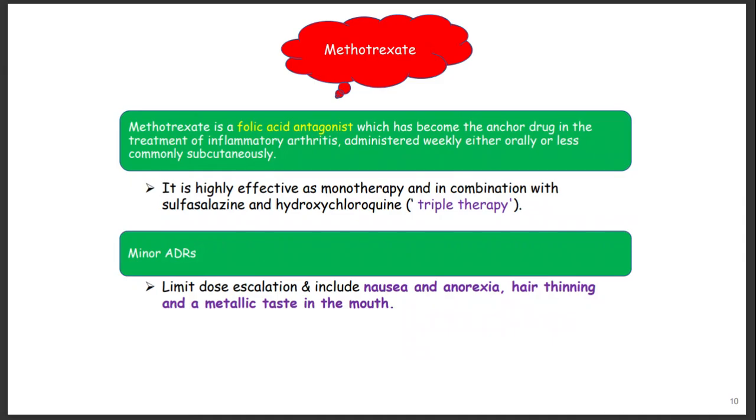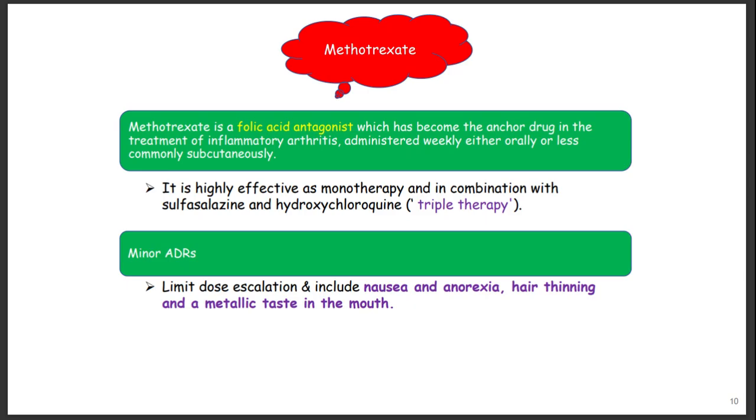Methotrexate is a folic acid antagonist, and it has become the anchor drug in the treatment of inflammatory arthritis. It's administered weekly, either orally or subcutaneously, and it's highly effective as monotherapy and in combination with sulfasalazine and hydroxychloroquine.